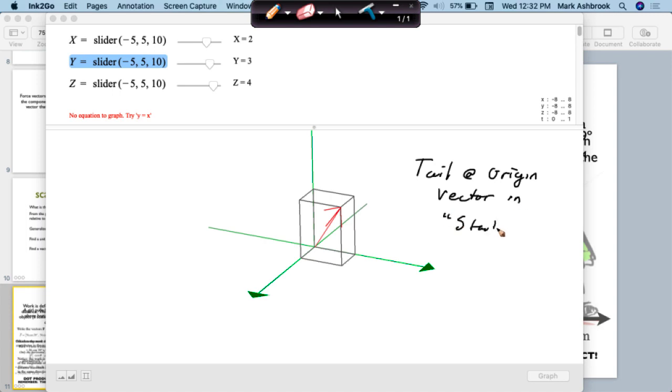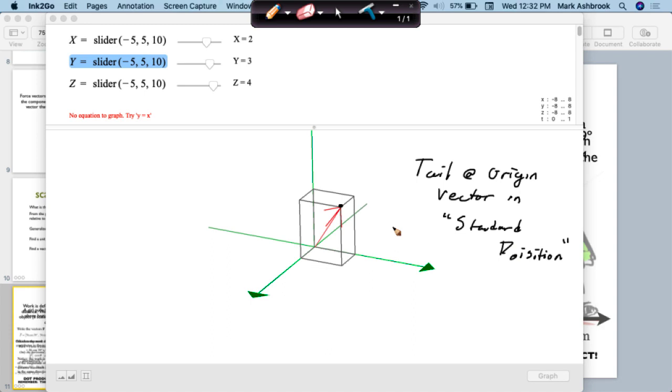Standard position. So what happens when we do that? Mainly, what are the coordinates of the tip then? What are the coordinates of the tip when you put a vector in standard position? Same as the components of the vector, right? Because from the origin, if you make those 3 changes, you'll be at those coordinates, right?